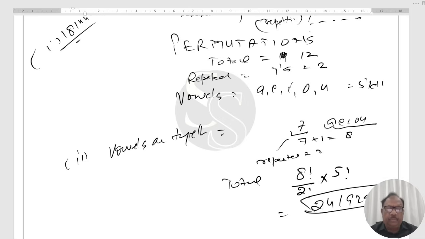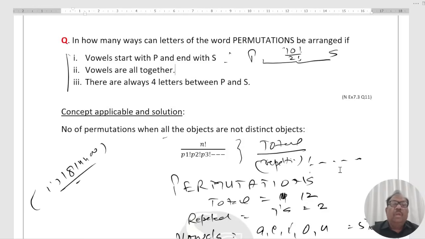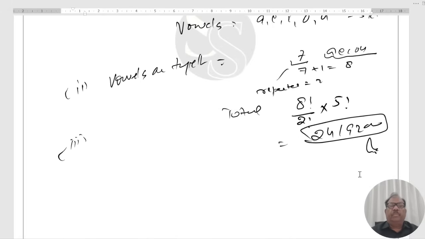And third part is there are always 4 letters between P and S. P and S, 1, 2, 3, 4, then remaining are 6, 1, 2, 3, 4, 5, 6.